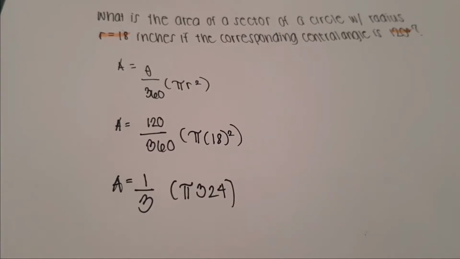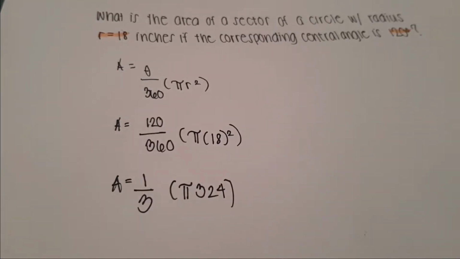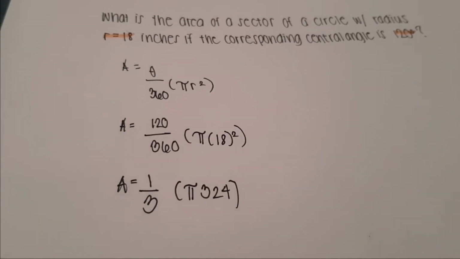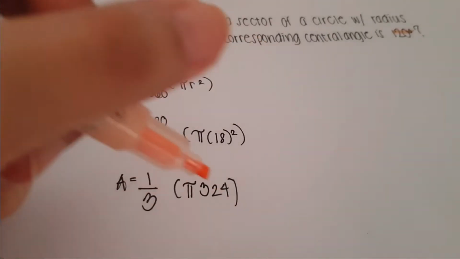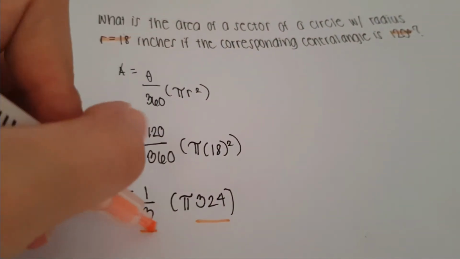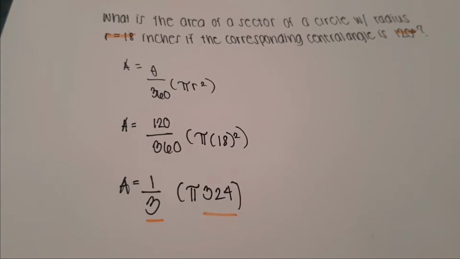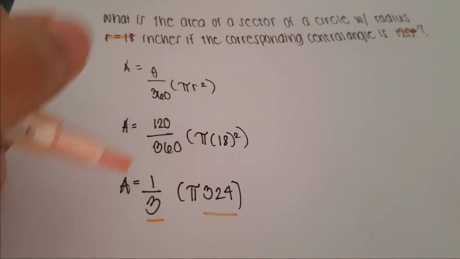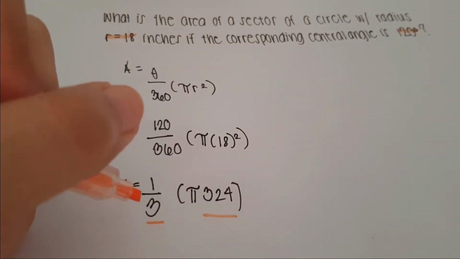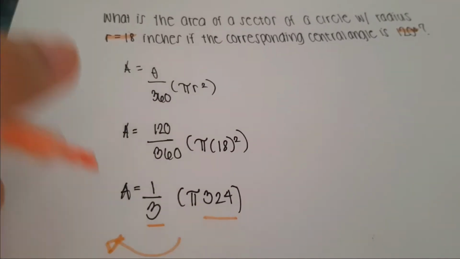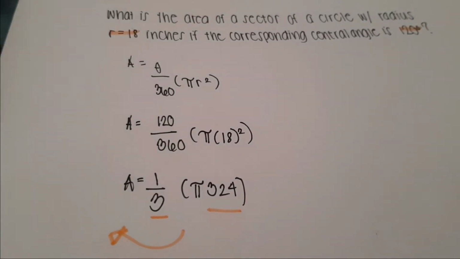In order to remove the denominator of the fraction 1/3, we need to divide by 3 on both sides. So 324 divided by 3 becomes 108, and we transpose it to the other side. And it becomes 108 pi.